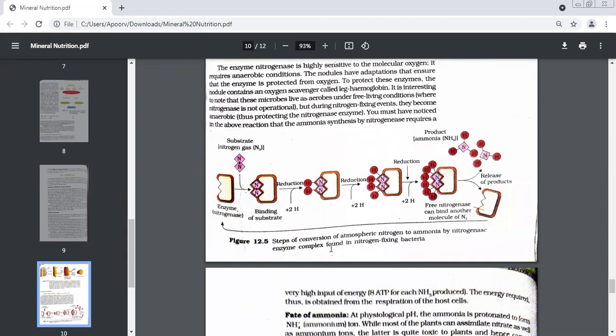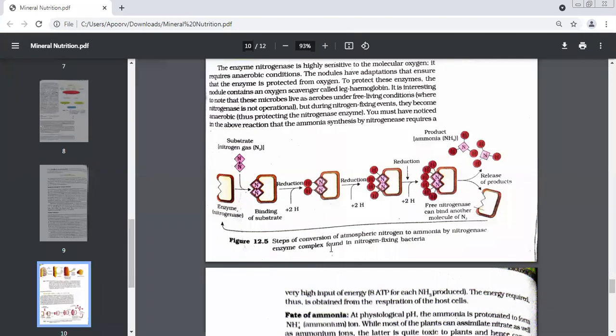To protect this enzyme, the nodule contains an oxygen scavenger, which is called leg hemoglobin. What is a scavenger? What do you mean by the word scavenger? You've come across this word, I'm very sure.